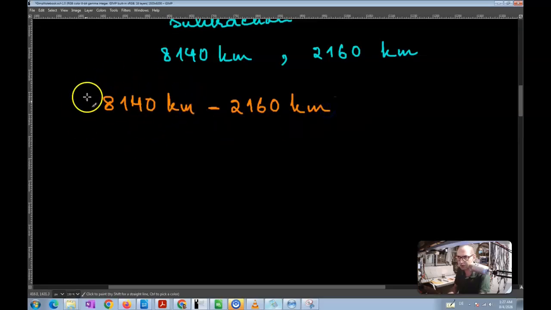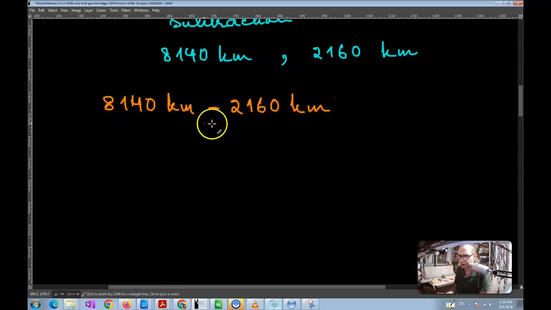The reason why I'm starting with the larger number and subtracting the smaller number from it is that if I start from the smaller number, then I will come up with a negative number. We have not studied negative numbers yet, but it suffices to say that a distance cannot be a negative number.